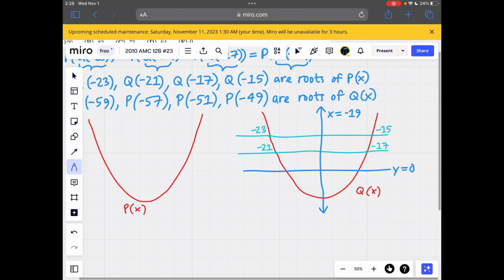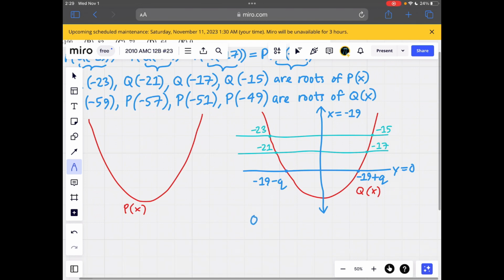This is y equals 0. And it intersects q of x at two values of x, which I'll call minus 19 minus q and minus 19 plus q. I use q because the polynomial is known as q of x. So now we can write an equation for q of x using the symmetry-based approach.